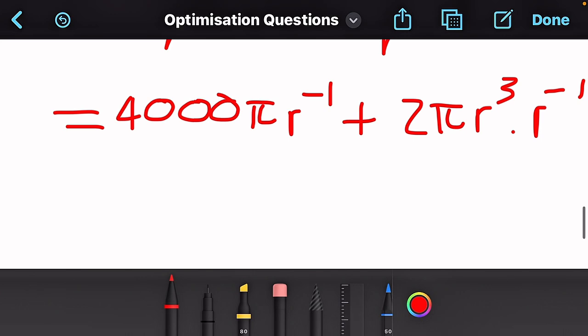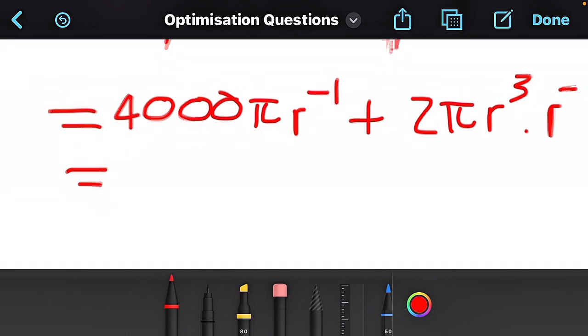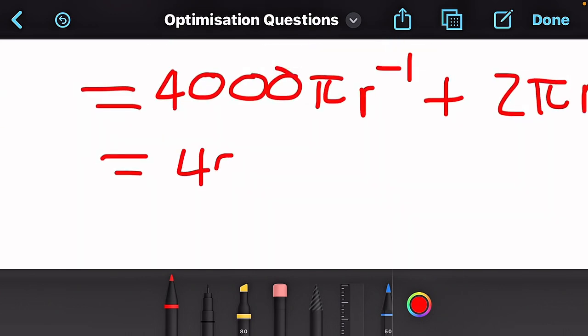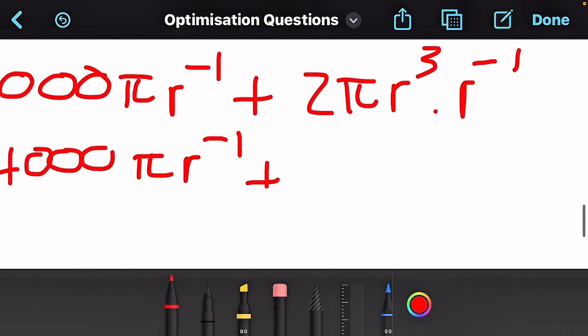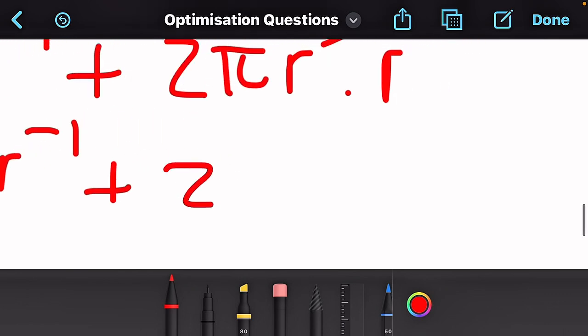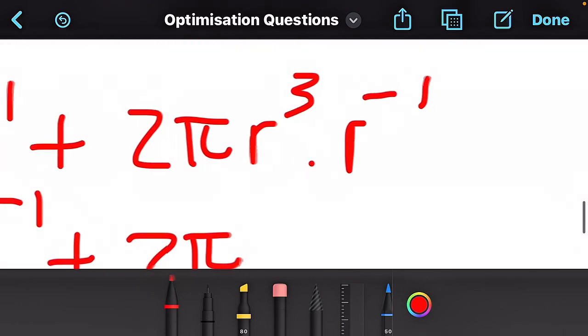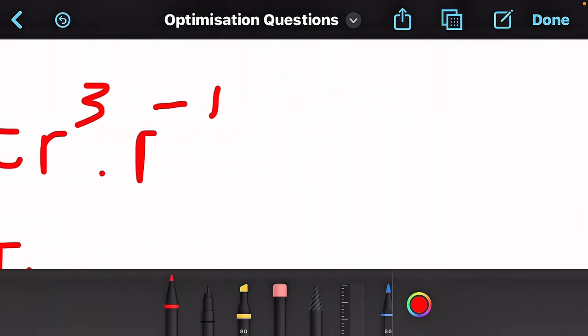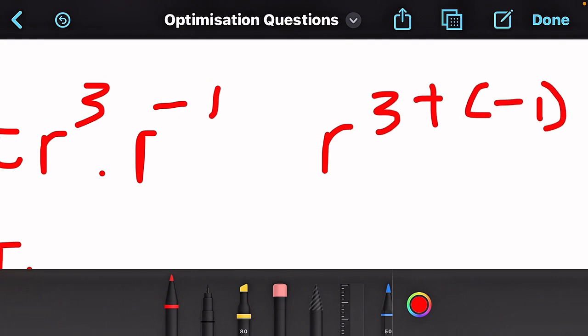Then we'll need to simplify further by saying 4,000 pi r to the power of negative 1 plus 2 pi, and you can see we need to simplify here. Multiplying the same base, we're adding exponents. So we're going to say r to the power of 3 plus negative 1, and that will give us r squared.